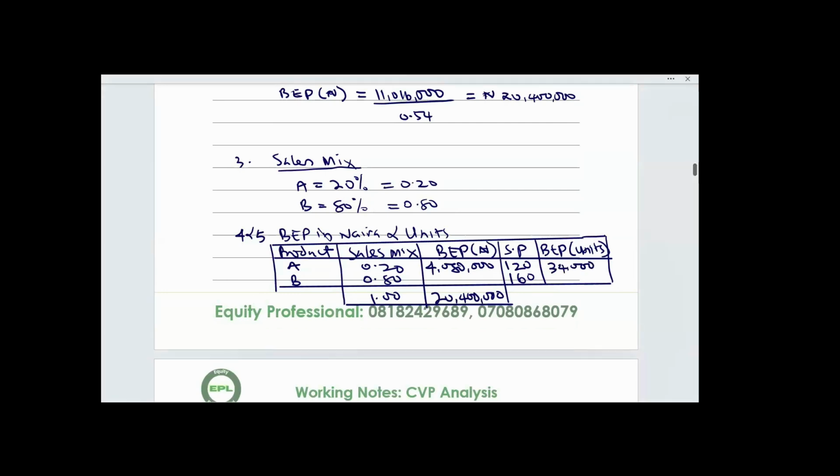Then 20,400,000 multiplied by 0.8, 16,320,000 divided by 160, selling price, 102,000 units.